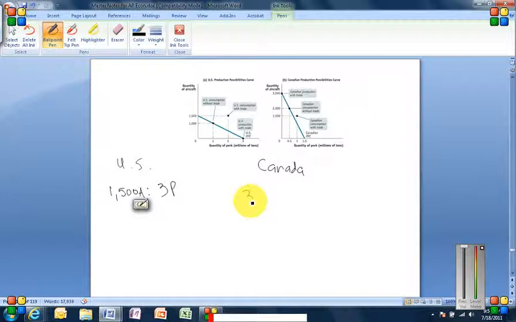For Canada, it becomes 3,000A to 1.5P. Now, step 2 says, set the same side of each ratio, each equation, not really an equation, it's a ratio, to 1. It doesn't matter which side you want to set.